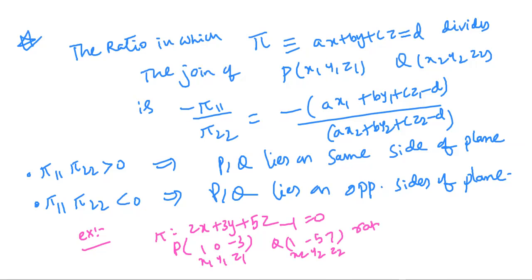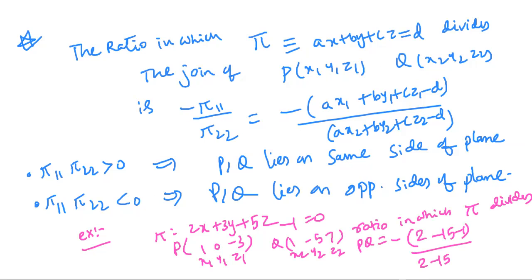So the ratio in which the plane divides PQ is directly given by minus of, substitute the first point in this plane, that is 2 plus 0 minus 15 minus 1, by substitute the second point in the plane, 2 minus 15 plus 35 minus 1. So that is equal to minus 14 by 21. That is equal to 2 by 3, or 2 is to 3. Right?